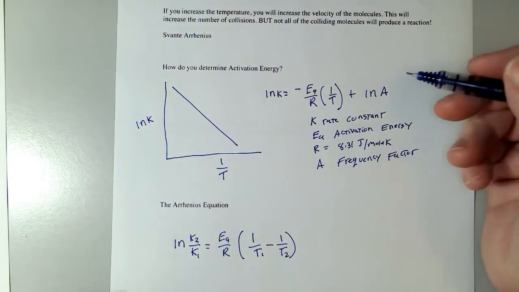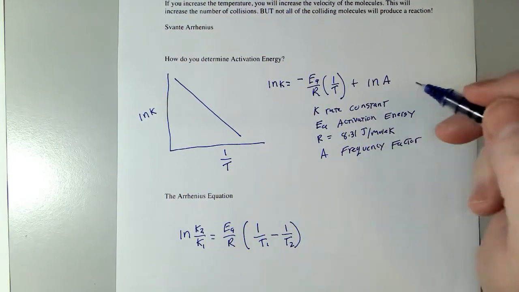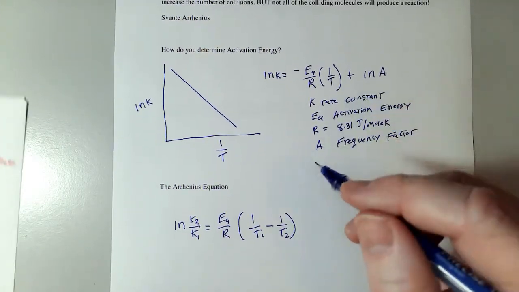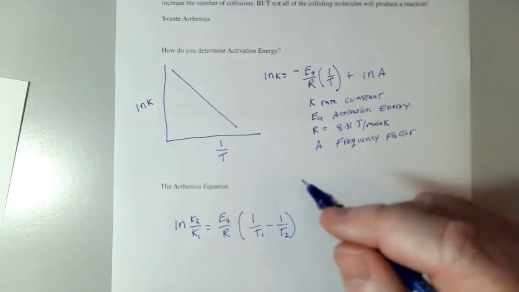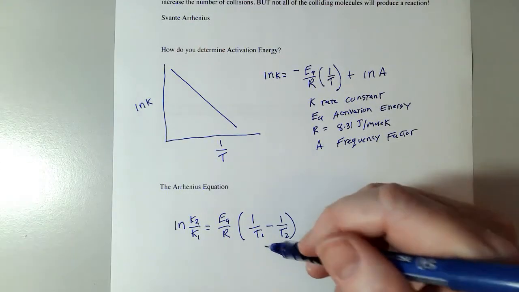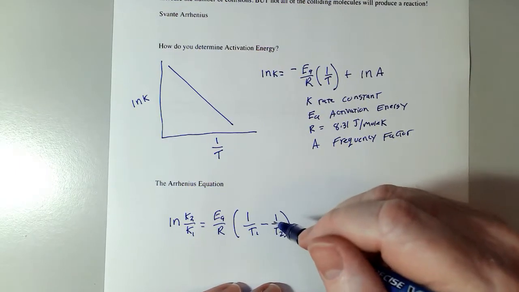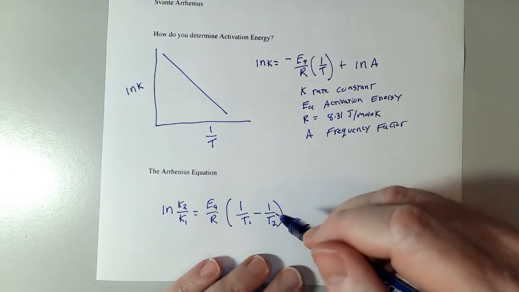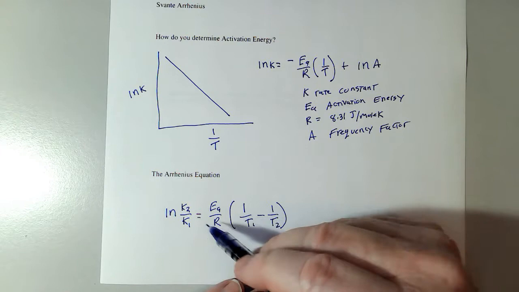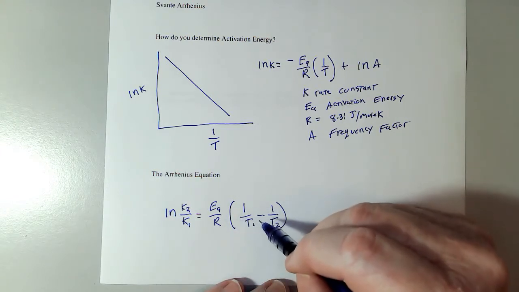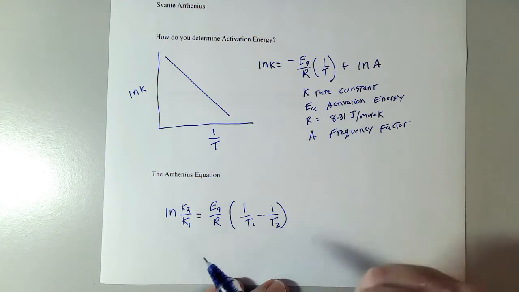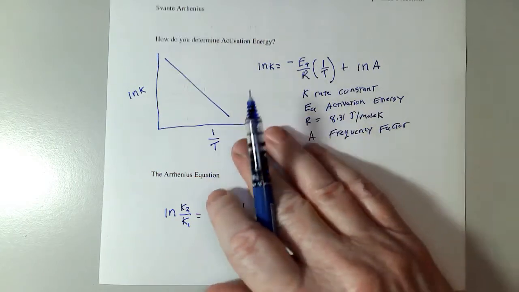Or if I know the activation energy, I can find what the rate constant might be at a different temperature. Okay? This is a vitally important equation for the Chem Olympiad, and on the AP Chem exam, you really won't be solving for it mathematically, you'll be talking about it graphically.